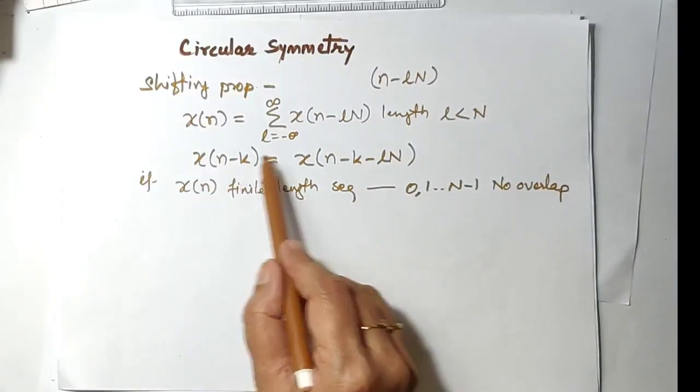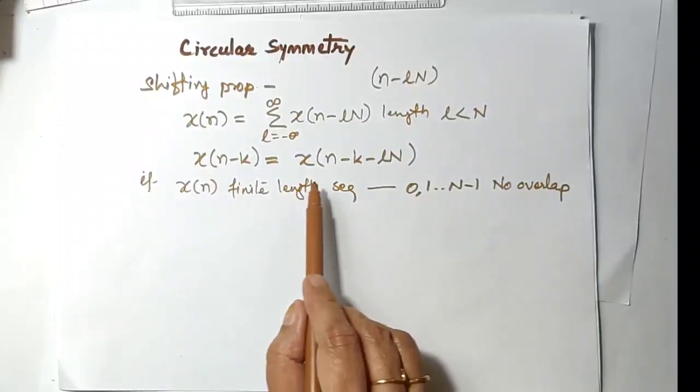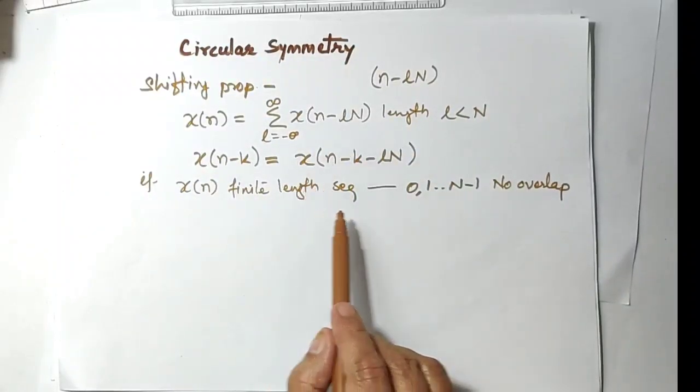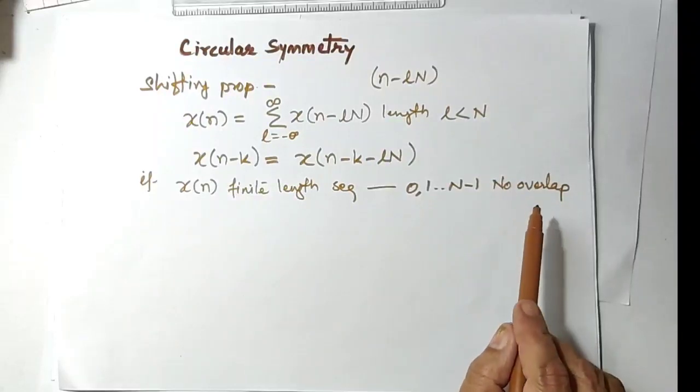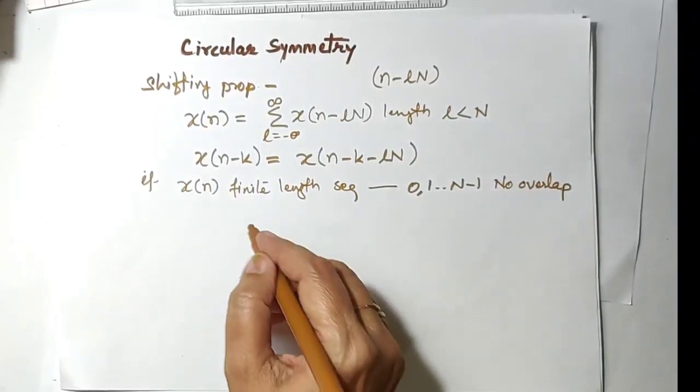So this equation now says that if x[n] is of finite length and we shift in this manner, then this shifting will produce no overlap, and we can call it circular shifting.